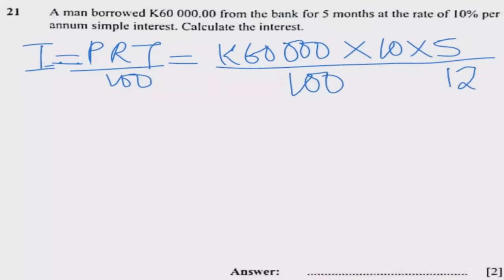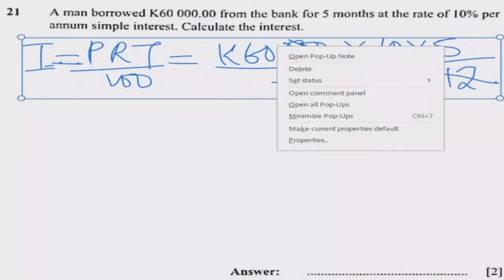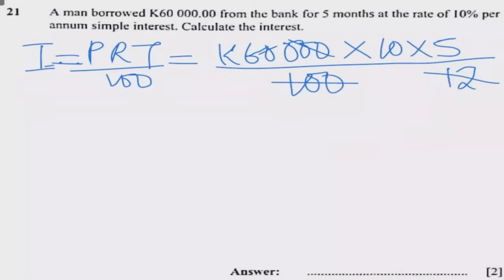Okay, so now what we do is we cancel the zero here, and the 2 zeros there and the 2 zeros there. Okay, then we say 12 into 60, it will go 5 times.